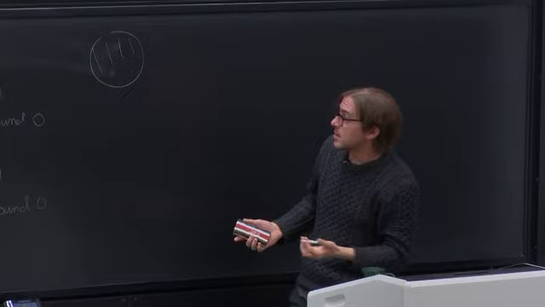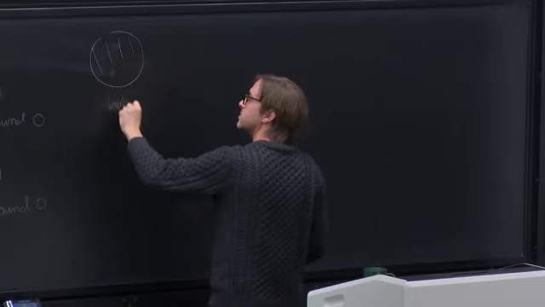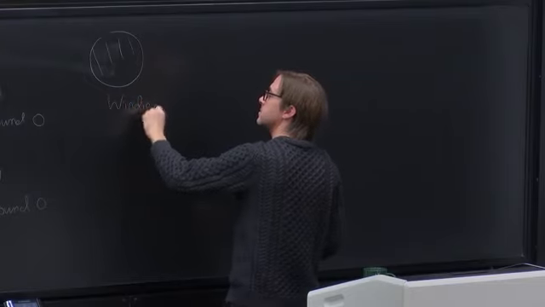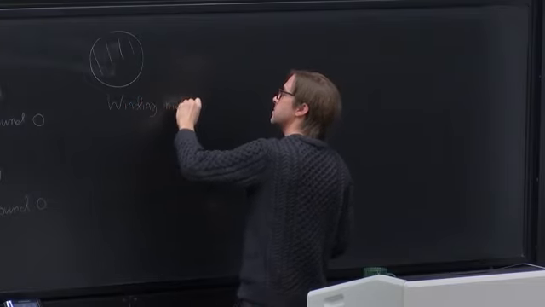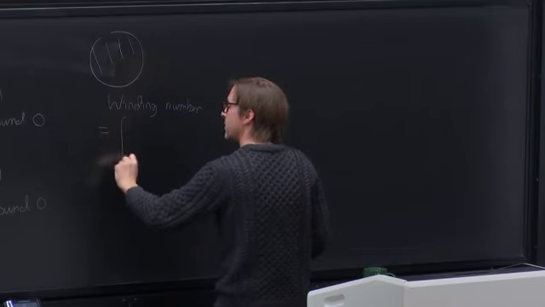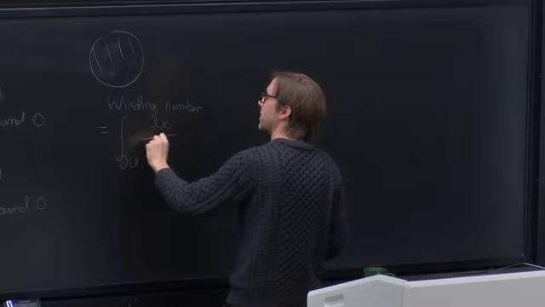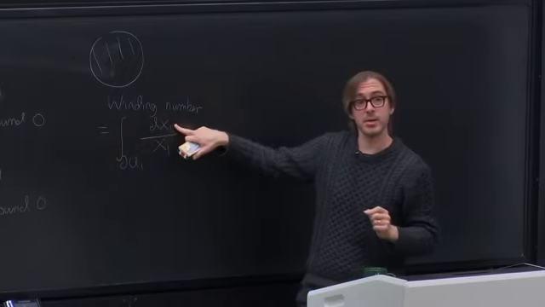A more formal way to say this is that the winding number is the integral around the boundary of this disk of dx1 over x1, where I'm viewing it as a complex number.